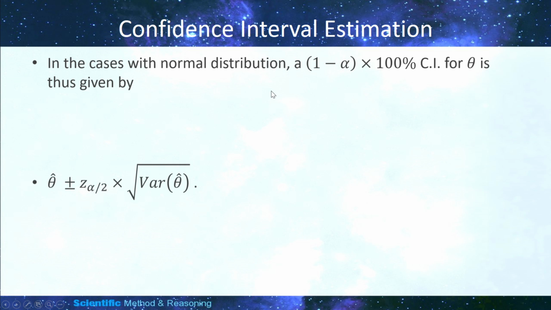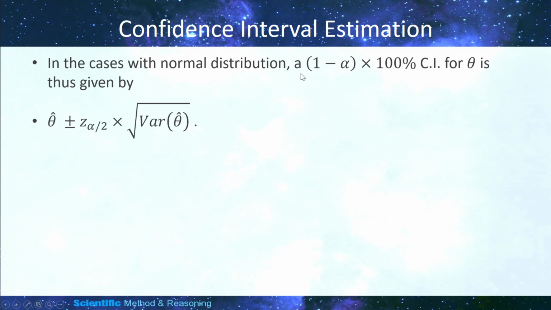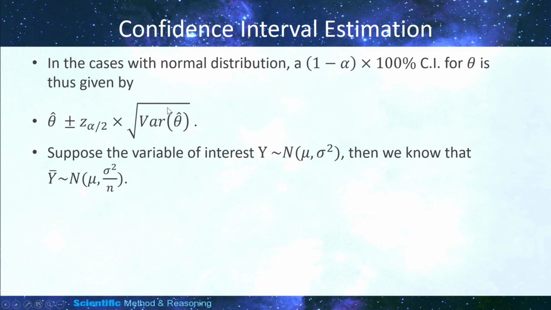So in the case of the normal distribution, a 1 minus alpha times 100% confidence interval for theta is thus given by theta hat minus z alpha by 2 times the square root of the variance of theta hat on the left-hand side, and on the right-hand side, theta hat plus z alpha by 2 times the square root of the variance of theta hat.